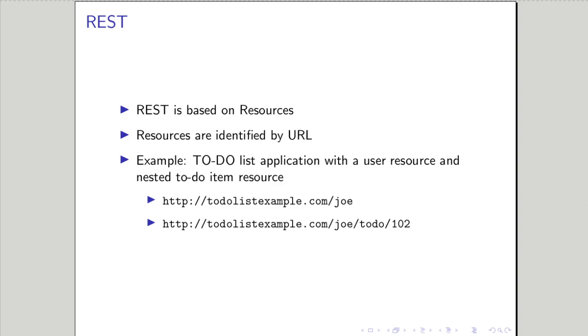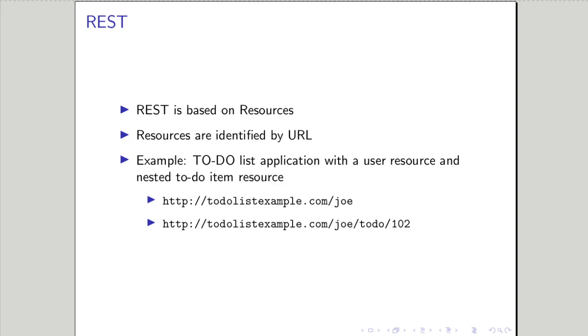Now, REST is based around this concept of a resource. Really, this is just like an entity. It's a very generic idea: a resource is something an application utilizes. To make that concrete, I'm going to use my to-do list example. In my previous videos, I had a to-do list.